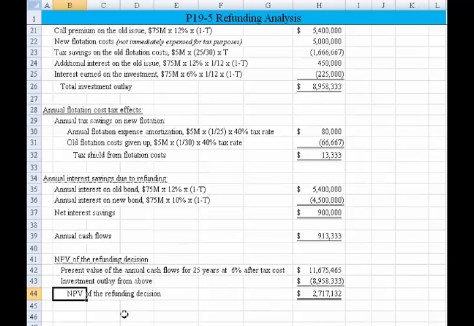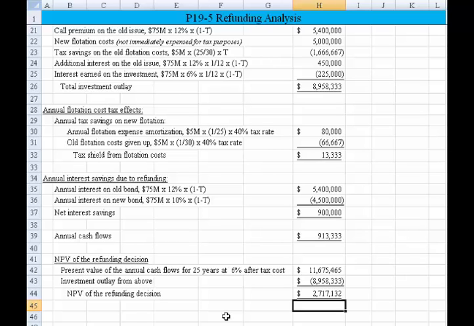Let me slide up, and now we'll drop in. The net present value of the refunding decision, then, is the sum of that positive present value of the annual cash flows less the investment outlay from above. When we complete that, we come up with a net present value of $2,717,000 and some small change.